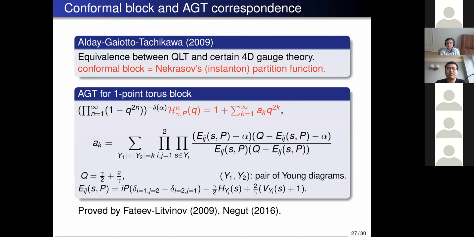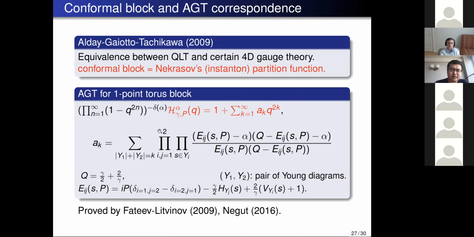And a very important aspect of the conformal block is its relation to gauge theory. So in 2009, AGT discovered a correspondence between the quantum Liouville theory and certain four-dimensional supersymmetric gauge theory. In particular, the conformal block corresponds to the so-called instanton partition function computed by Nekrasov.